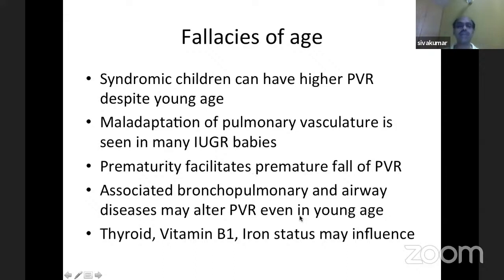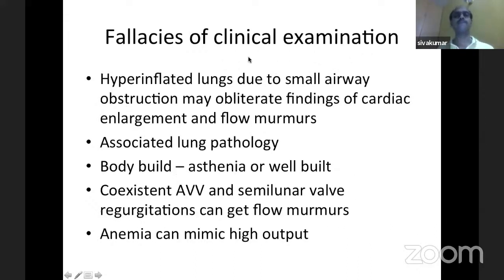Associated bronchopulmonary and airway diseases may alter PVR even in young age, and in such patients, even hypothyroidism, vitamin B1 deficiency, anemia, all these things may be influencing. So age alone, just younger age, immediately they are operable, this also cannot be taken as a golden rule.